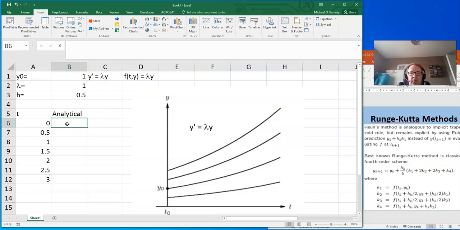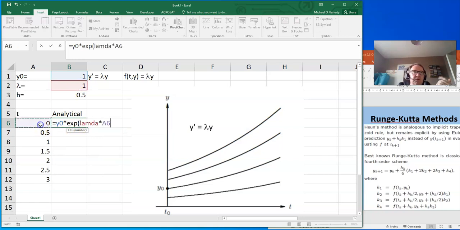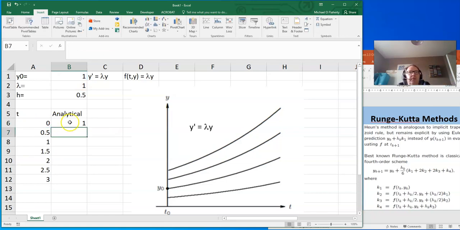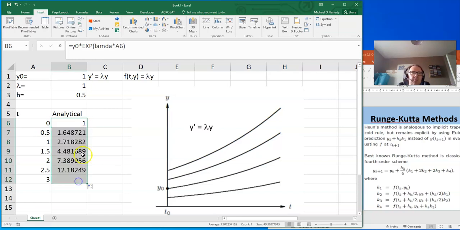So we put this as equal to y0 multiplied by e. The function for that is exp. E to the power of lambda multiplied by the value of time, which is in this column here. Close the brackets. You only have to do that once. You fill it down, and it will repeat it for the other values of time.